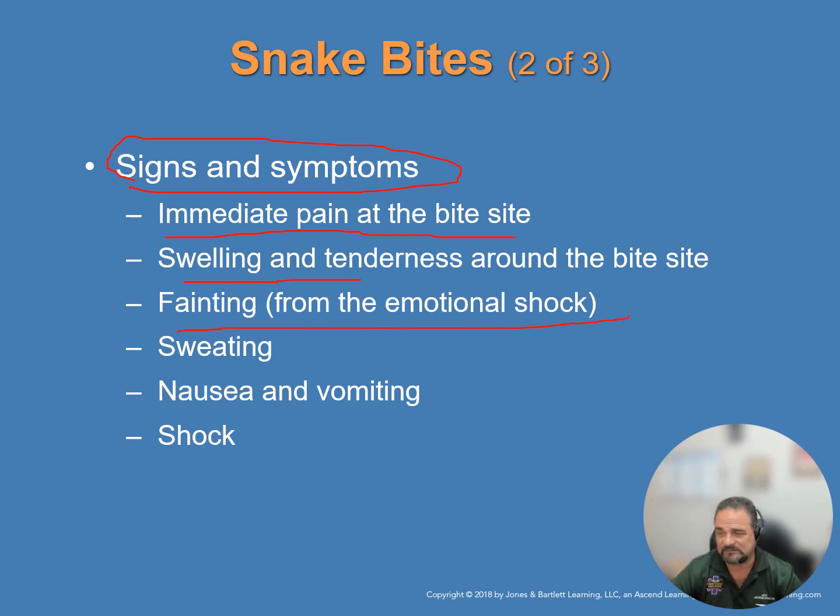The patient may faint because it's kind of traumatic, especially if it's a child or an elderly person. You will see some profuse sweating because the body is trying to react to the poison that's entered the body. Also, nausea and vomiting is very common in people that have been bitten by a snake. And then finally, shock. You'll start seeing signs of shock.